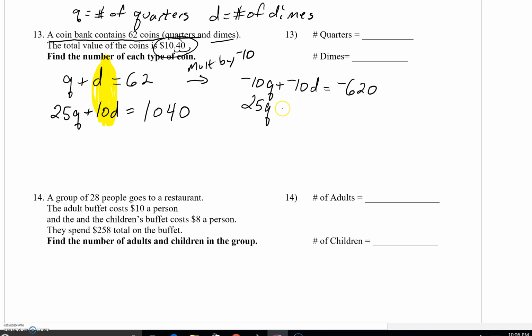Down below we have 25Q plus 10D equals 1,040. And hopefully you can see the canceling of the 10D and the negative 10D. 25Q plus negative 10Q is 15Q.